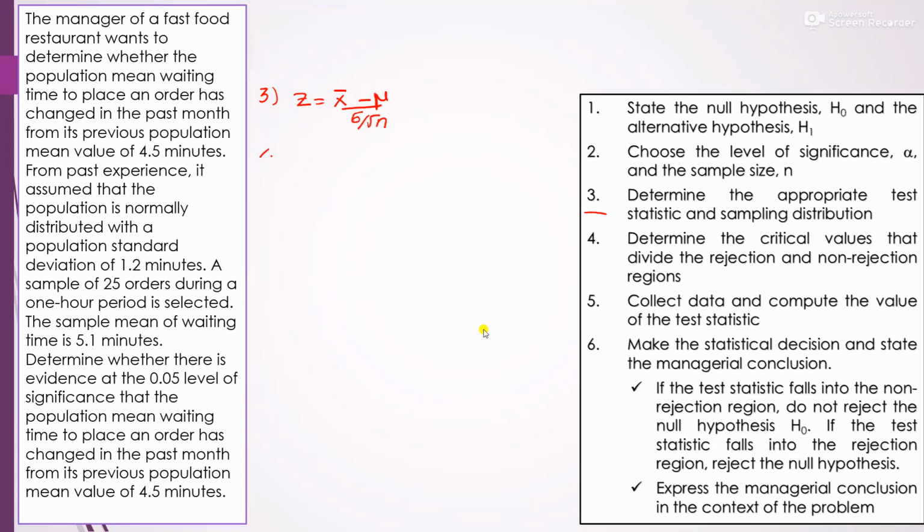In the fourth part, determine the critical values that divide the rejection and non-rejection regions.